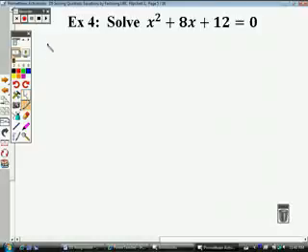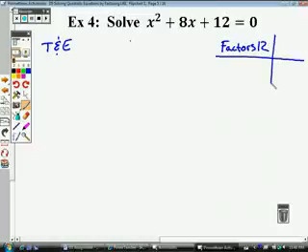I'll just put T and E, trial and error. Okay, what you looking for, factors of 12 that when you add them, they make 8. So what times what makes 12 but adds to 8? Okay, you got 3 and 4.